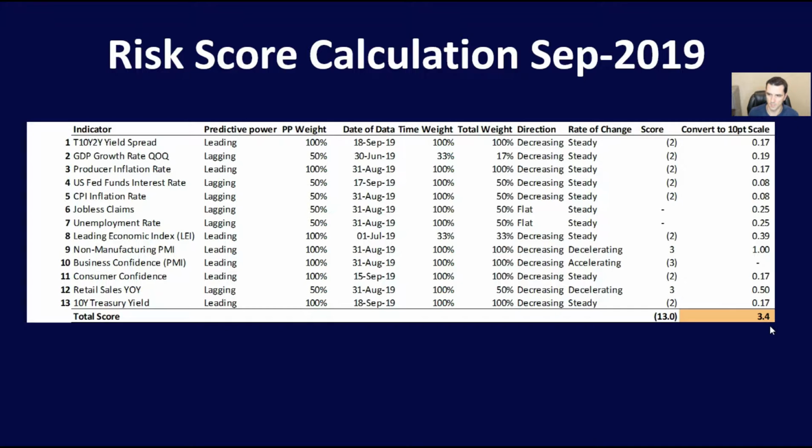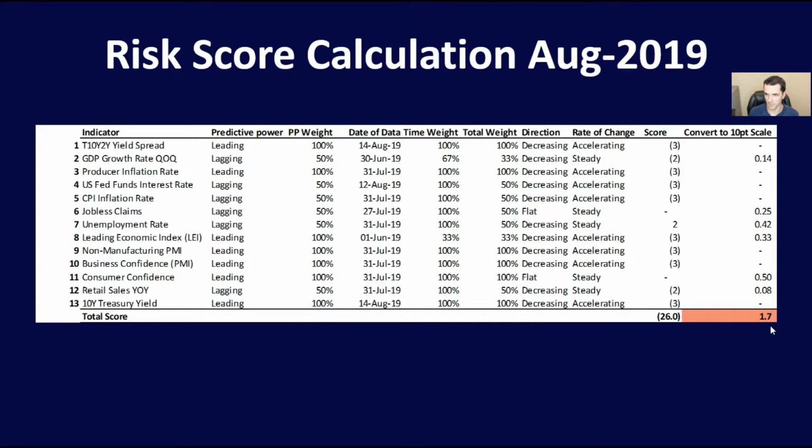This looks to be a little bit of a recovery, but still I think an indication that I should certainly remain cautious in terms of exposing myself to equities, and I'll get into how that translates in a little while. Just to remind you, this is the August risk score update, and you can see the score of 1.7.